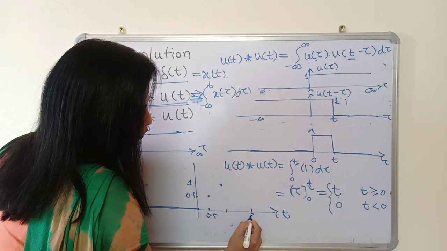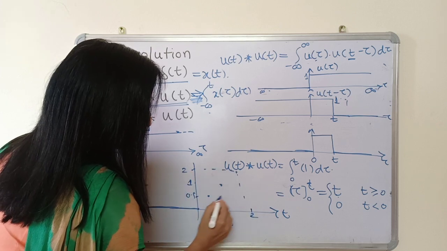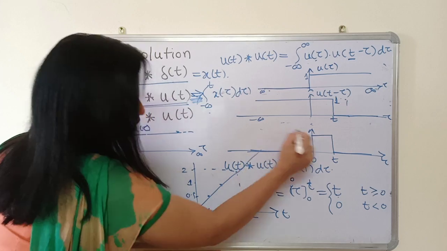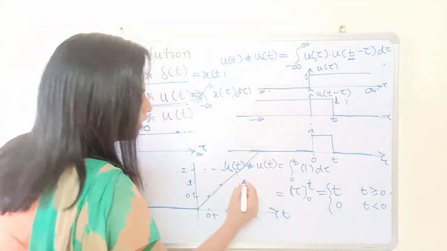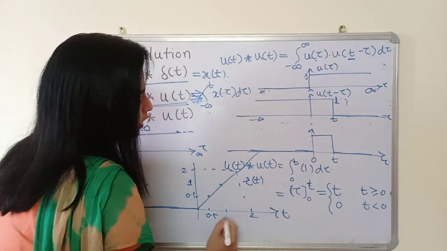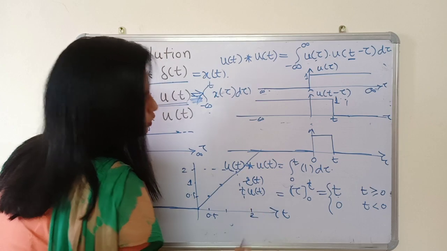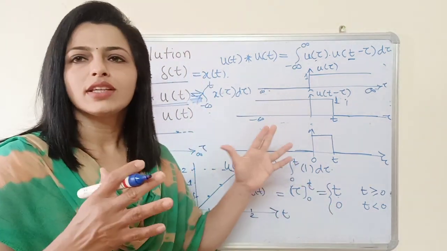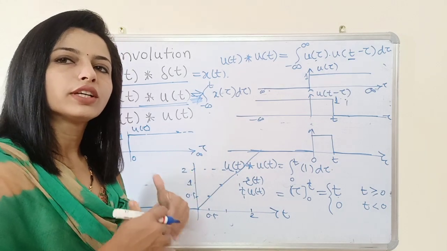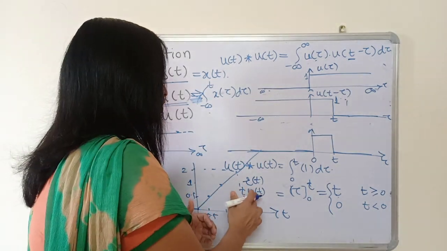At 2 the amplitude is equal to 2, like this. So this is going to be a ramp signal. You know the ramp signal, it is r of t, and also we call it t into u of t, because that ramp signal is also present only for t greater than 0. That's why it is called t u of t.